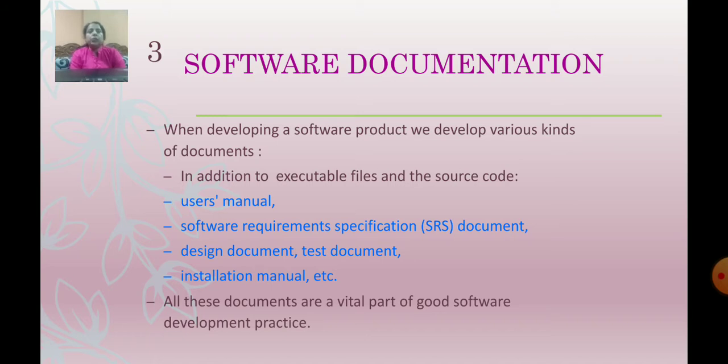What is software documentation? When developing a software product, we develop various kinds of documents. In addition to executable files and the source code, we also develop the user manual, the software requirement specification document, design document, test document, and installation manual.